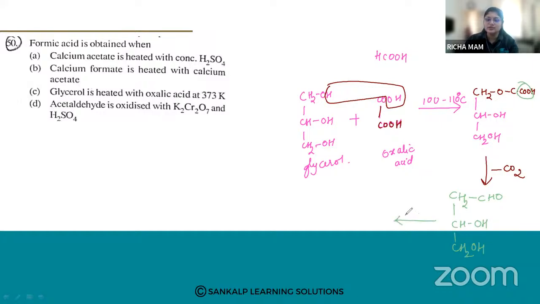Further, hydrolysis takes place to give you CH2OH, CHOH and CH2OH plus HCOOH. So this is your formic acid.